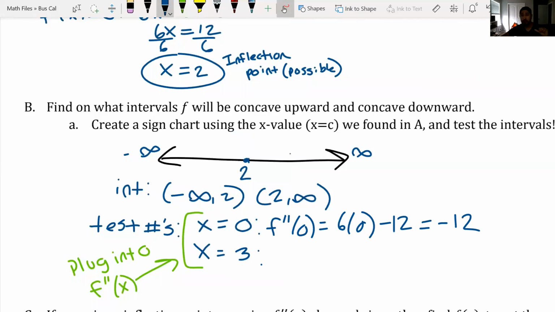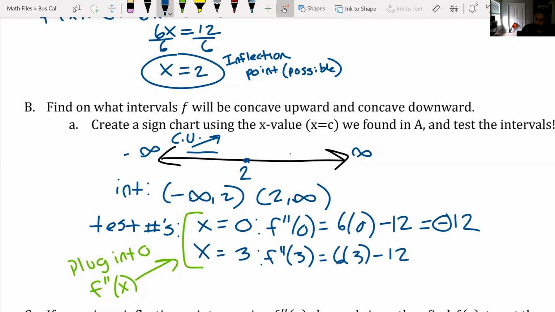And again, don't care about the number, only care about the sign. So here we are negative. This means that from negative infinity to 2, the second derivative is negative. The first derivative is increasing, which means we are concave up. All right, then f double prime of 3 gives me 6 times 3 minus 12.